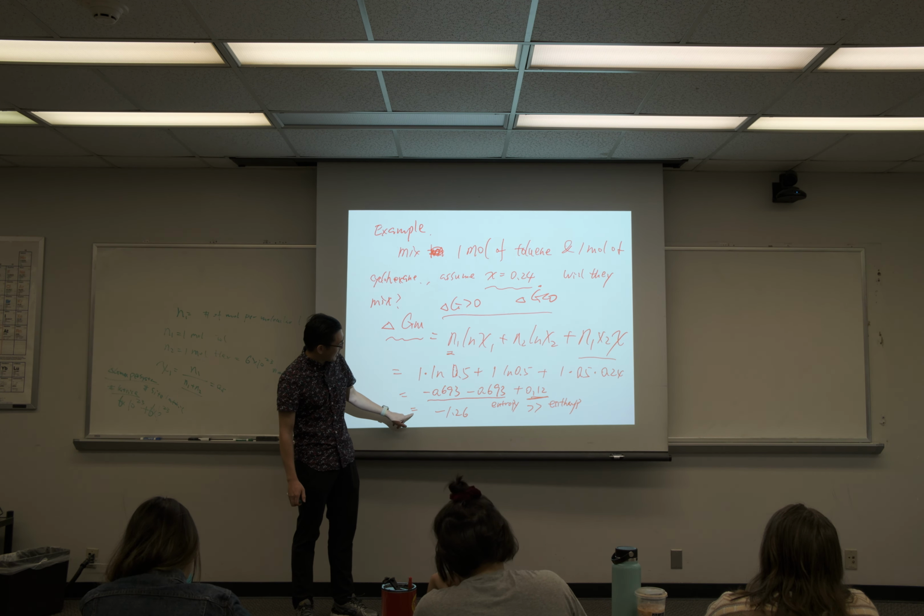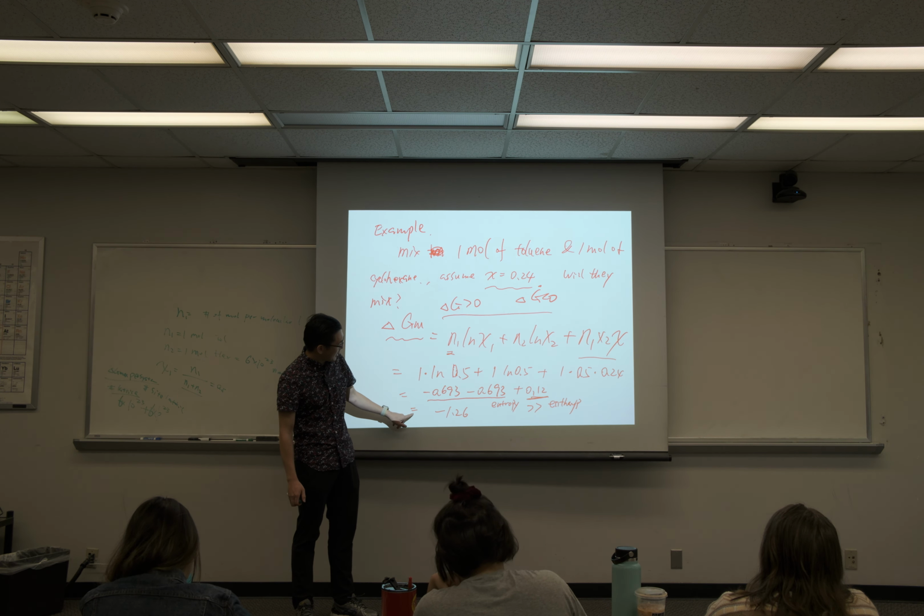What if we have a chi of 24 instead of 0.24? That's a really high chi. Very, very high. If you have chi of 24, 1 times 0.5 times 24 will become 12. Then the minus 0.693 doubles, and plus 12 will be a positive value.